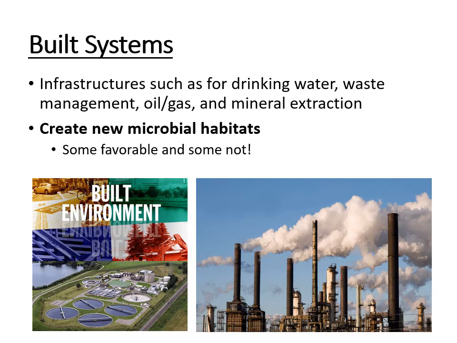And when they oxidize metals, they produce acids that further corrode those metals. So by building these pipes everywhere, you've created microbial habitats that are favorable to the microbes. They love those pipes to break down, but it's not favorable to the humans, because you didn't realize that what you were building was perfect for microbes to exploit. Okay.